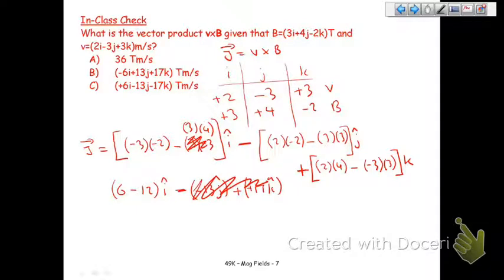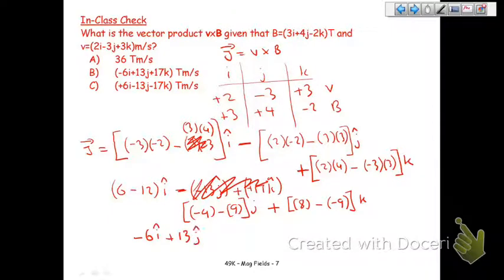So then I go minus 4 minus 9 j, and then a plus sign, and I'm going to go 8 minus 9 k. Then I go in 6, that's minus 6i. Minus 4 and minus 9 makes minus 13. There's a negative sign in front, making plus 13 j. And then an 8 minus minus 9 is plus 17 k.